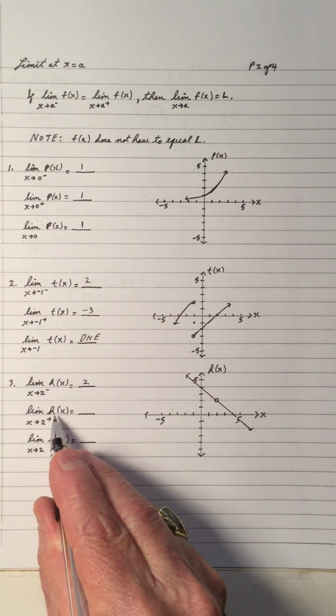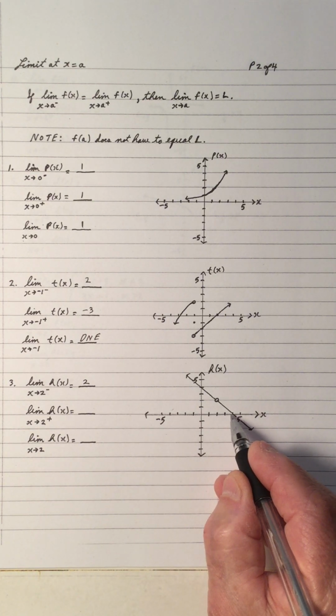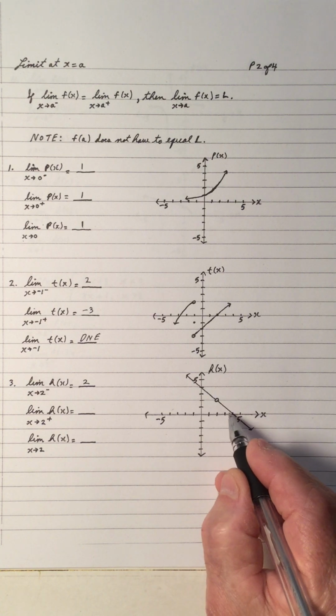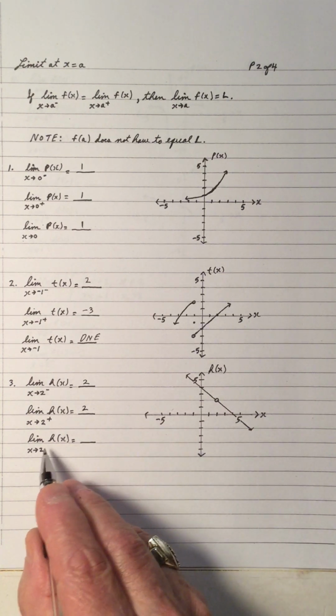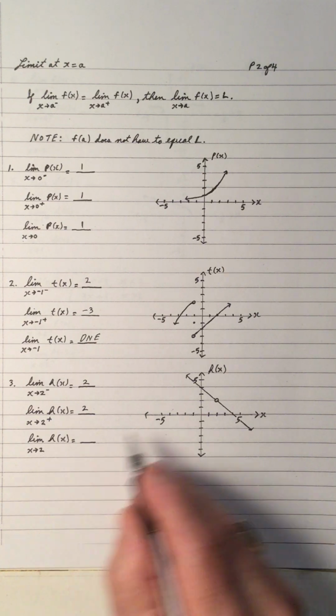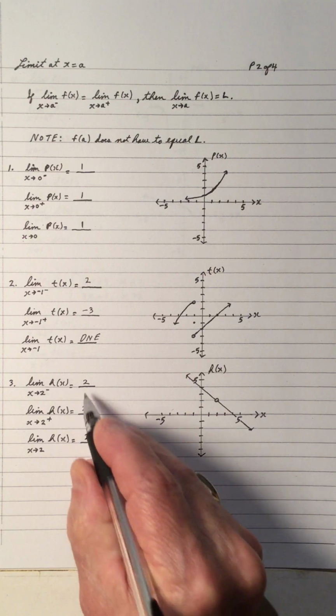Now we're going to approach h of x at 2 on the positive side. So we're coming in this way on the positive side, going up here, approaching 2. And the limit of h of x at 2 is going to be 2, because the two of these are equal.